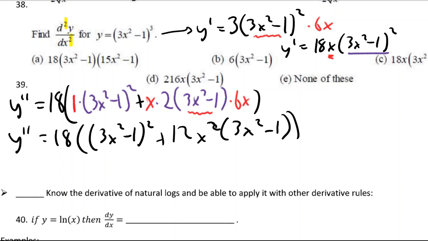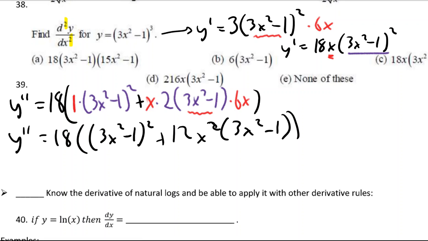Yeah. Okay, and then to be honest, the next to last step here is not something I would think to do, except that I'm looking at the answer choices, and notice a lot of the answer choices have this 3x squared minus 1 in there. So if I just start multiplying this stuff together, I'm going to get a million terms, and I'm not going to know which one's the same as this.